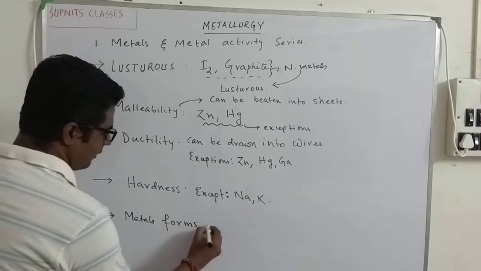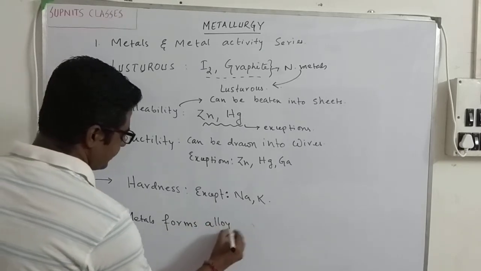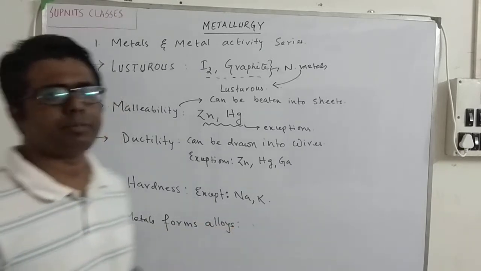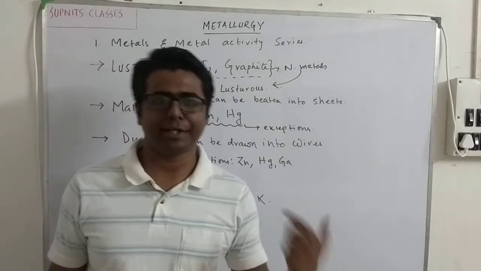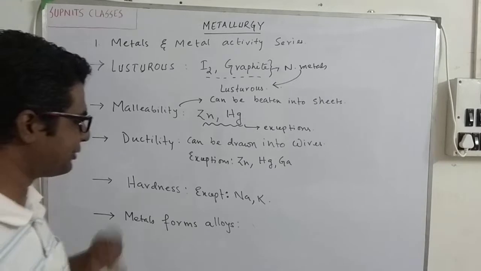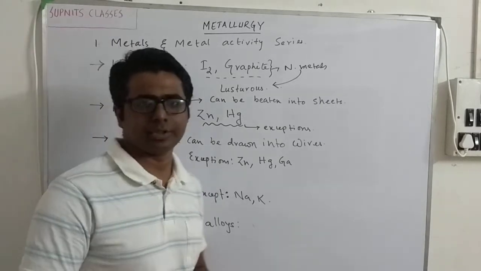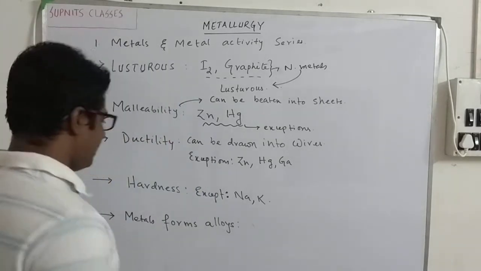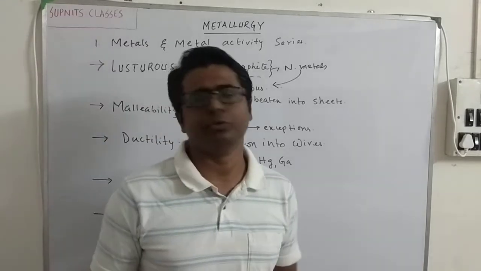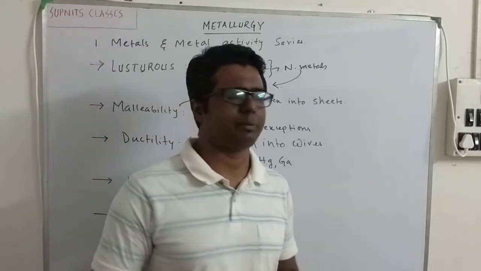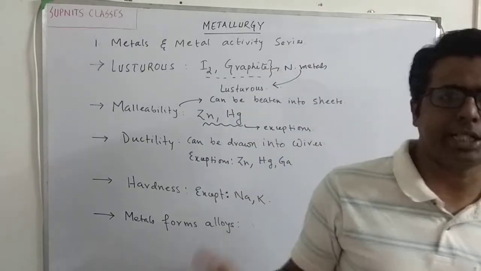Metals form alloys. This thing we are learning from class 6th, 7th, 8th, 9th, and now also metal is forming alloys, and it will continue forming alloys in your life. Now we know that metal forms alloys, there is nothing exceptional to it, everybody knows. So nobody is going to ask you any question about whether metals form alloys at class 10th level.